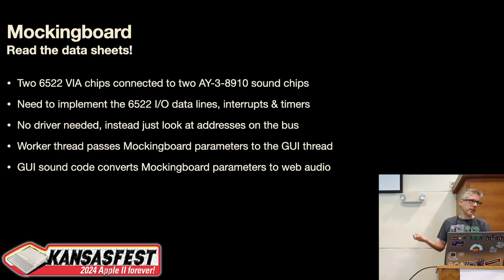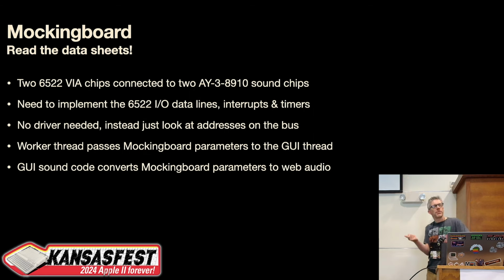So the Mockingbird has 4 chips on it. There are 2 chips that are these 6522 VIA chips, a versatile interface adapter made by the same company that makes the 6502. Those are the ones that communicate the signals from the Apple II to these 2 sound chips. These are the AY38910.